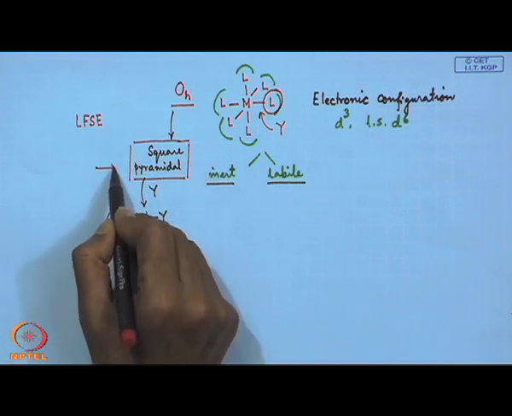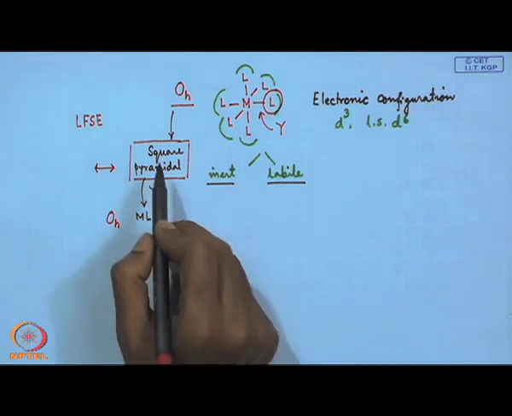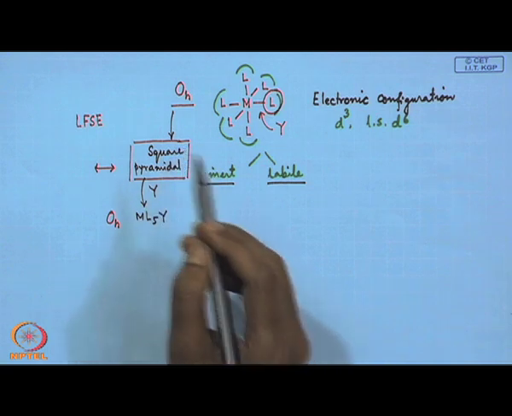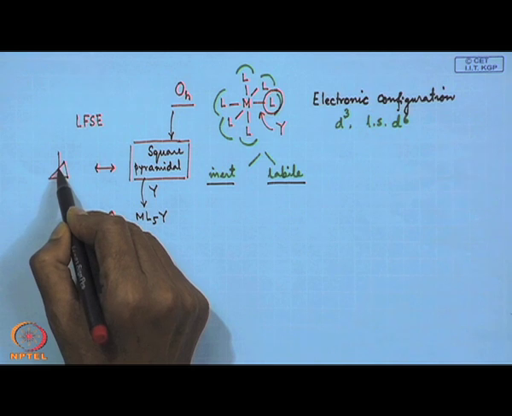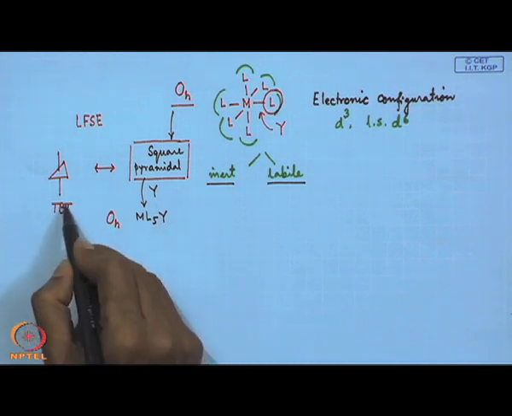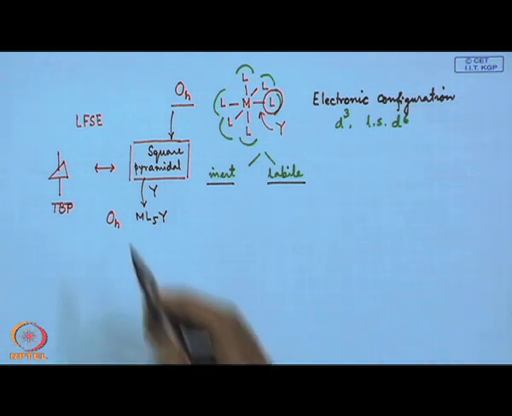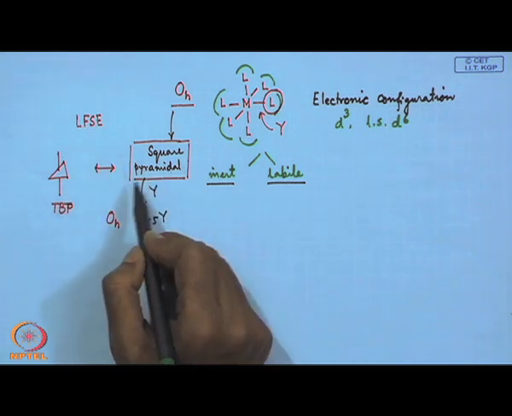And we should also concentrate our attention on whether this square pyramidal species is getting stabilized, because it can immediately move to a trigonal bipyramidal or TBP geometry, which has a different LFSE value compared to the square pyramidal geometry.